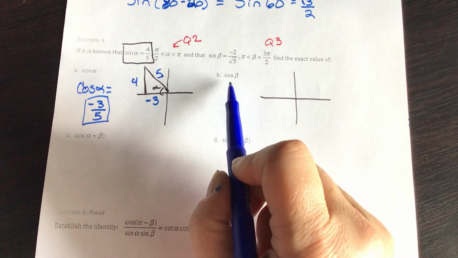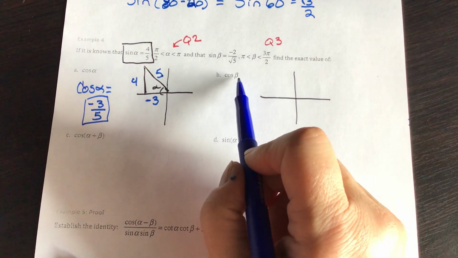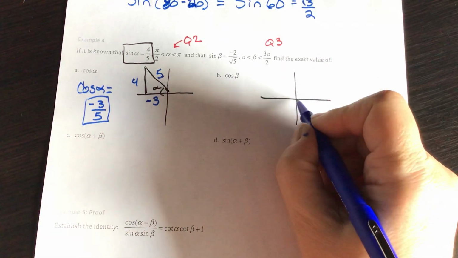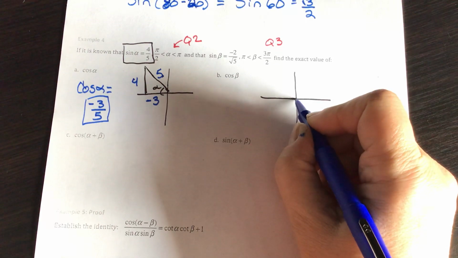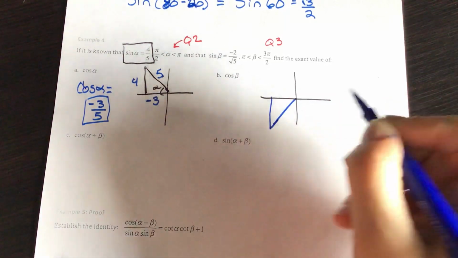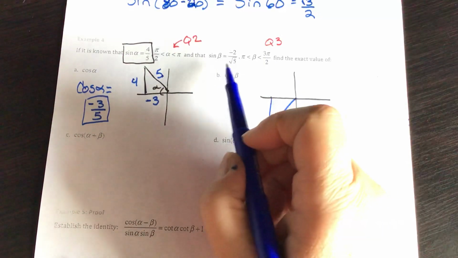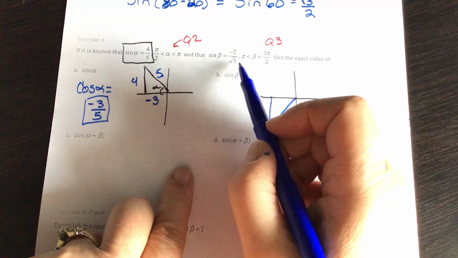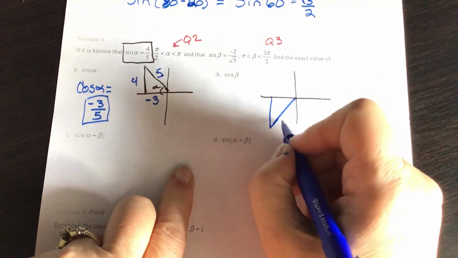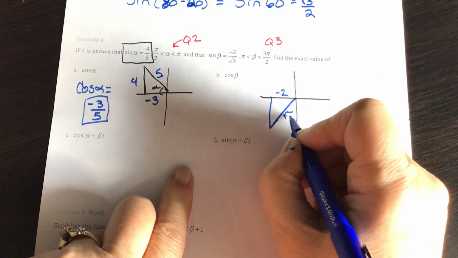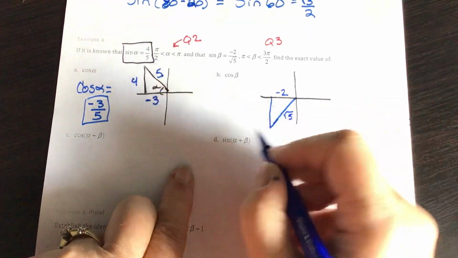Then it says cosine of angle B. So if I were to label angle B, we said it was in quadrant 3, so it's going to be down here. And it says sine is -2 over square root of 5. Well, in quadrant 3, sine is negative, tangent is the only one that's positive.